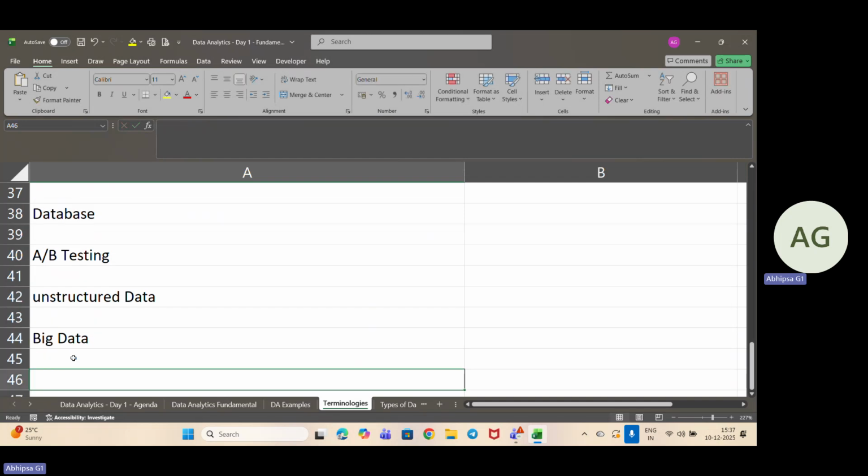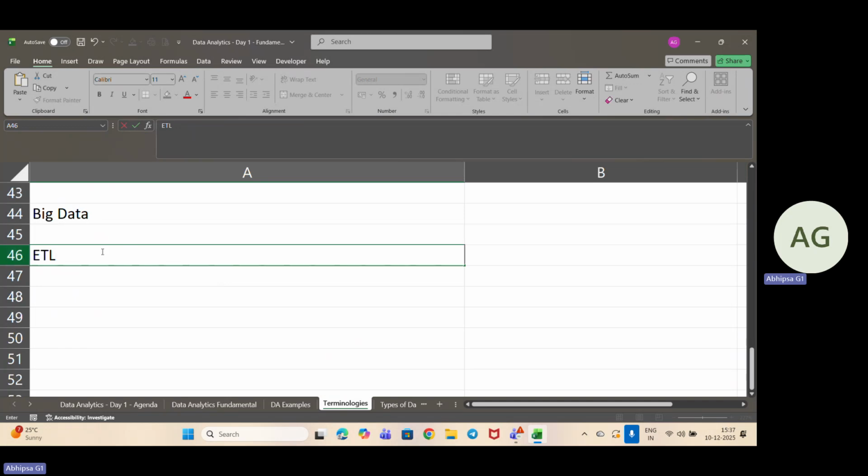Next, coming down, we have ETL. What is ETL? ETL is extract, transform, and load. E is for extract. So what is extract? We want to get data from different sources. It's not the case that we will always be using Excel data, either in XLSX format or CSV format. We can use data from different sources. We can use data directly from a website with the help of an API.